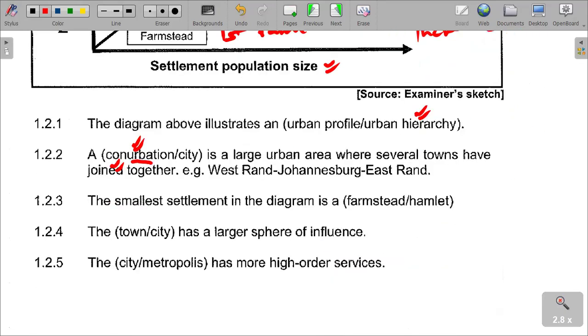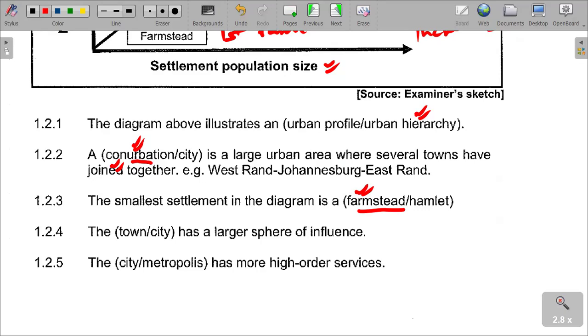A farmstead is the smallest settlement in the diagram. The farmstead is the one that we can see as the smallest.